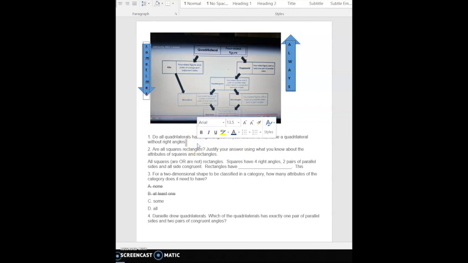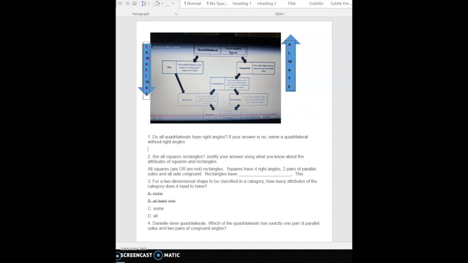So I'm going to get you started. You're going to say something like, all quadrilaterals, and you're going to choose do or do not have right angles.